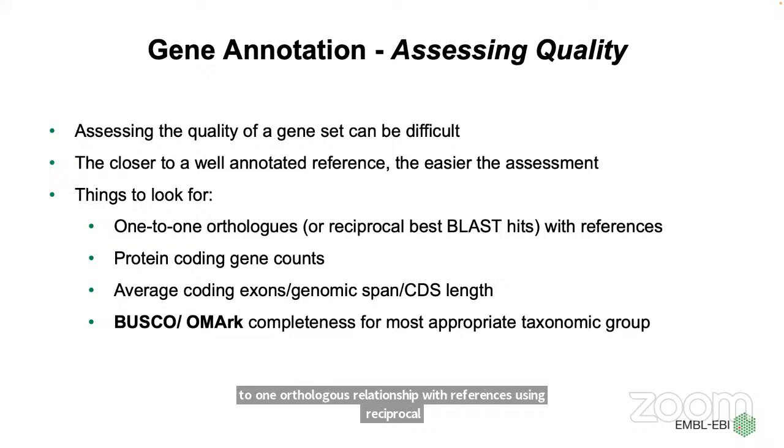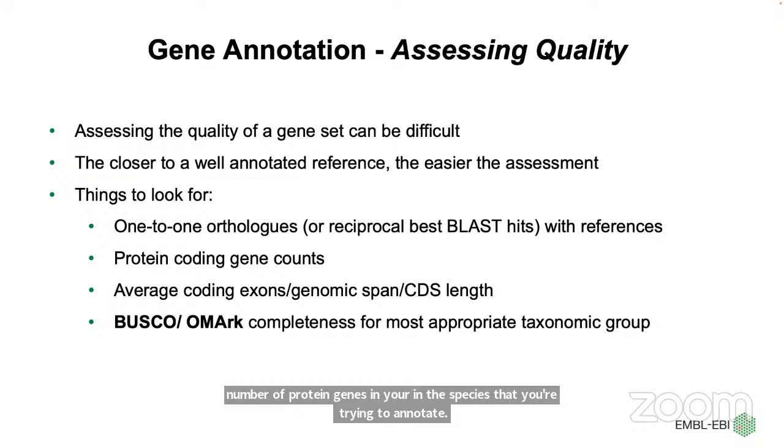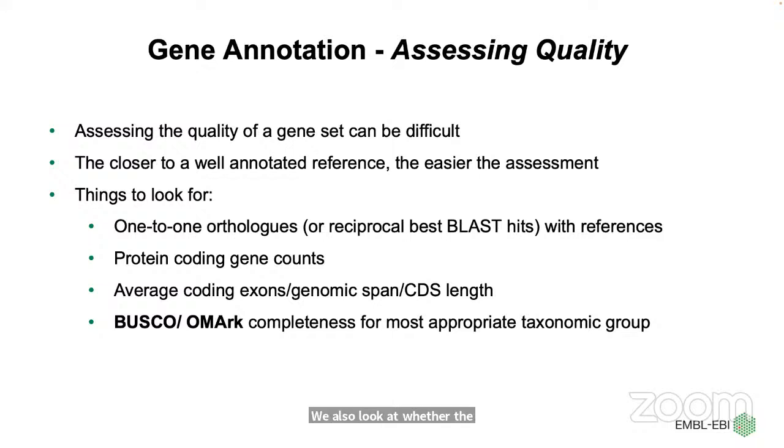We look at the number of protein coding gene counts and whether it makes sense to have that number of protein coding genes in the species that you're trying to annotate. We also look at whether the size of the exons makes sense, whether the average size is equivalent to the species which are already annotated in that particular clade. What's the CDS length? What's the genomic span?